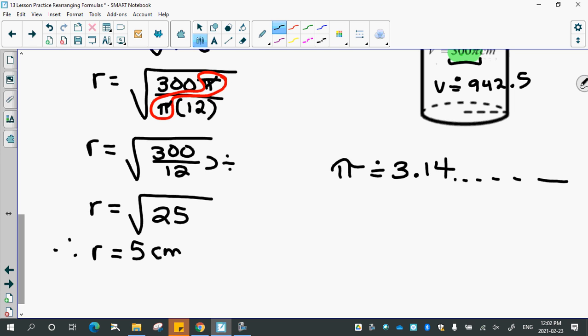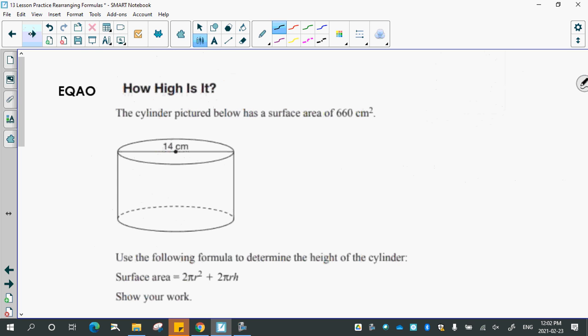Okay, any other questions? No? Okay, I think we've got another one to go here. This was a DQAO question. Oh, I know I did this one, so we're going to do this one a bit differently. Also a formula question, but we're going to attack it differently. So you're going to see two ways of attacking a formula question. So the cylinder pictured below has a surface area of 660 centimeters squared.